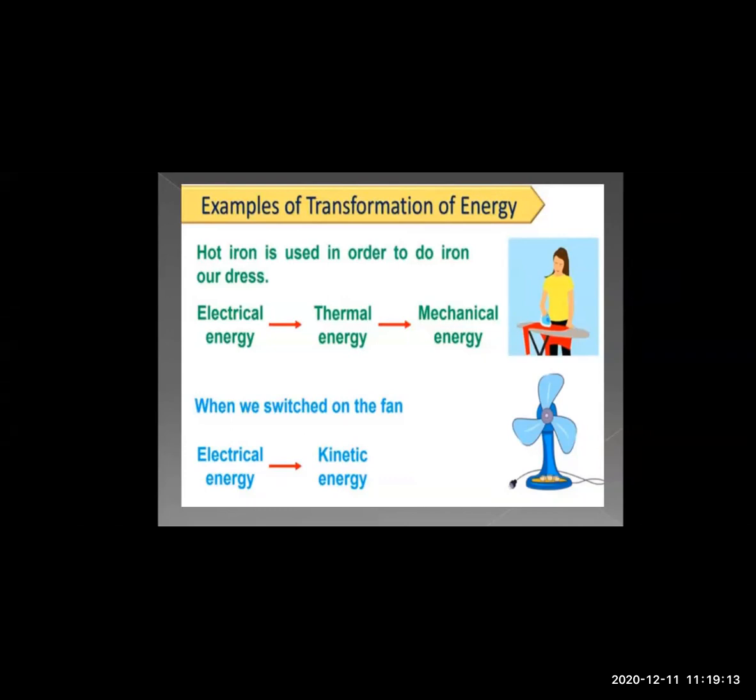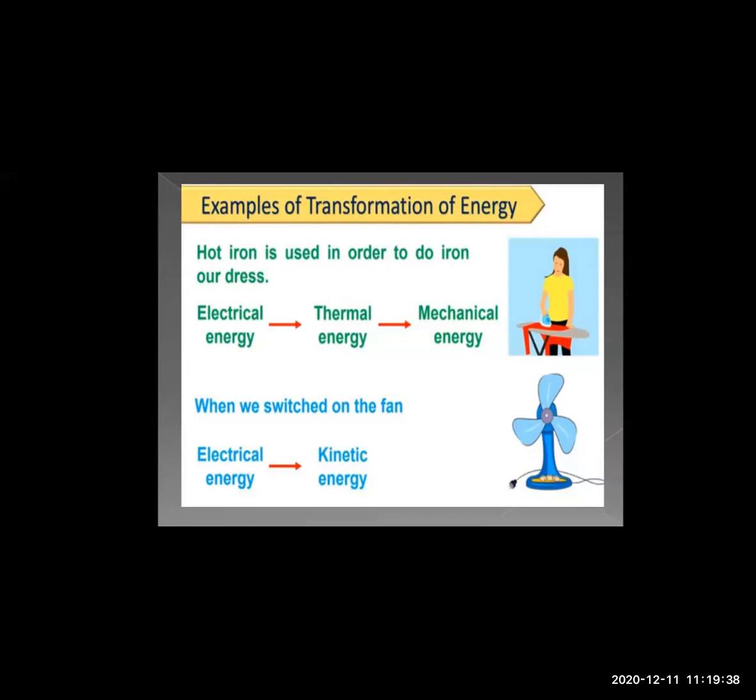Okay, that means what? पहले हम लोग क्या करते हैं? Iron we switch on at the electric board. So what happens? Electric energy starts generating in the iron. Then once the iron has become hot, what do we do? We iron the clothes. So when we iron the clothes, when you touch the clothes, what happens? You feel the heat energy.